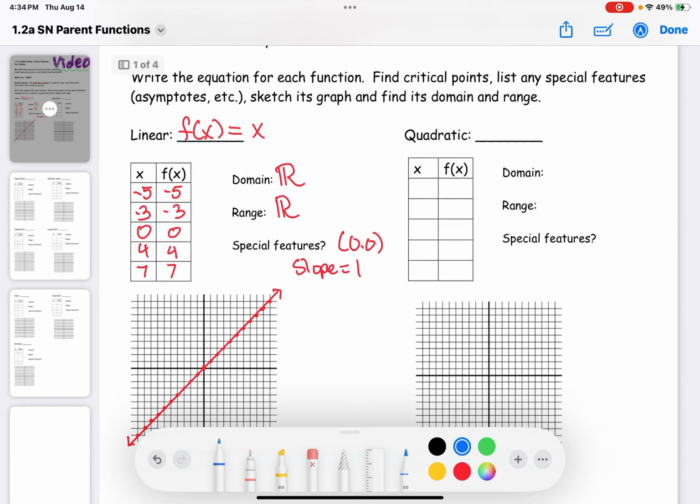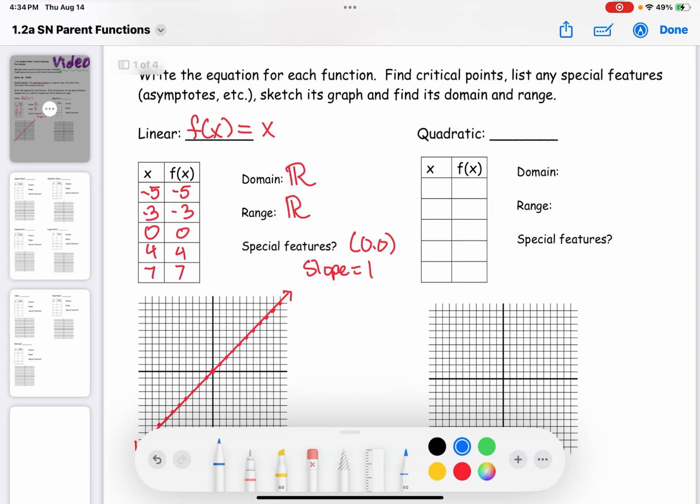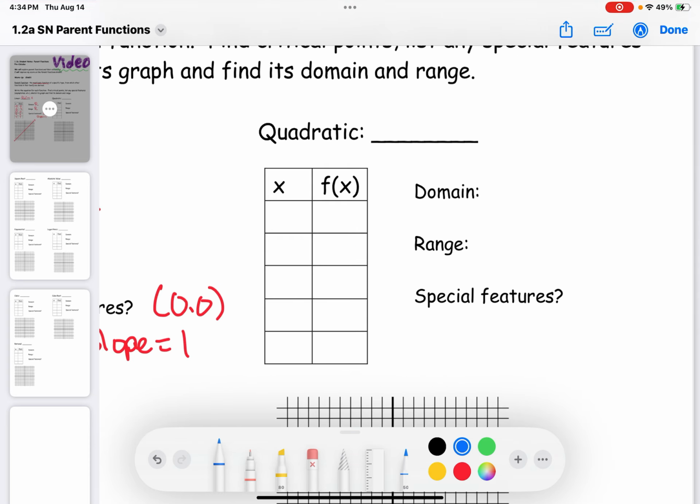Okay. Next is the quadratic, x squared. So f of x equals x squared is the most basic form of a function that qualifies as quadratic. If we have an x of -3, we have a y of 9.